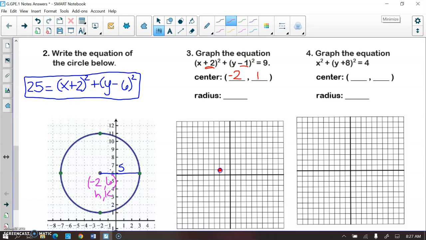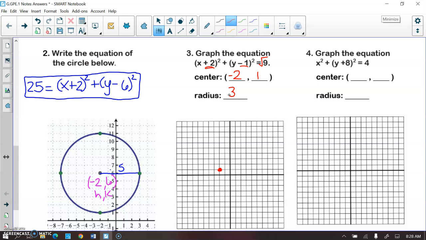You can graph that. Now my radius is always the square root of the number that's in your equation. So the square root of 9 is a 3. So how we're going to graph the radius is we're just going to count up 3, down 3, left 3, right 3, and then we're going to roughly sketch our circle around those points.